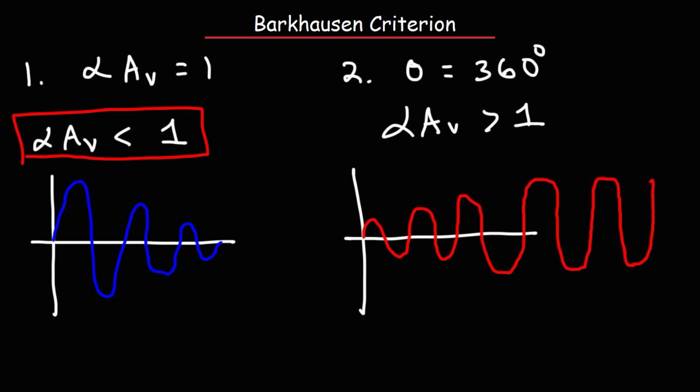The oscillations won't continue forever. They will reach a ceiling. And so we'll call this, we'll just say V and negative V. So that's what's going to happen if the loop gain is greater than 1.